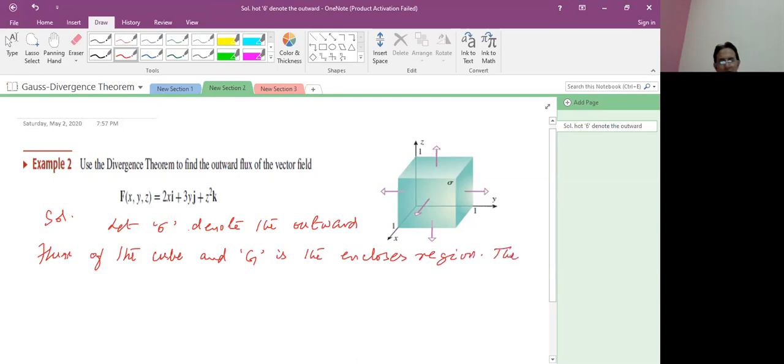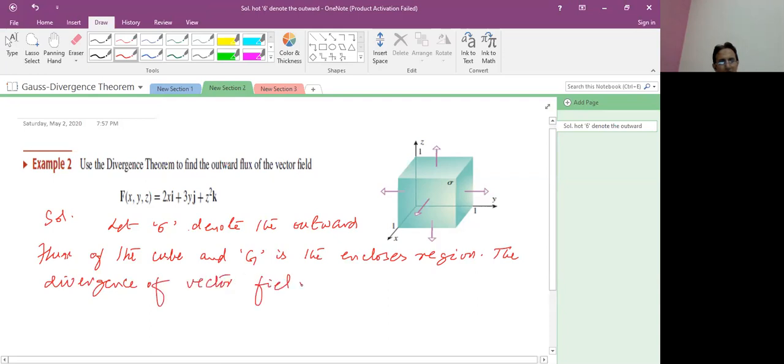The divergence of the vector field is, so student, first we find del dot f.